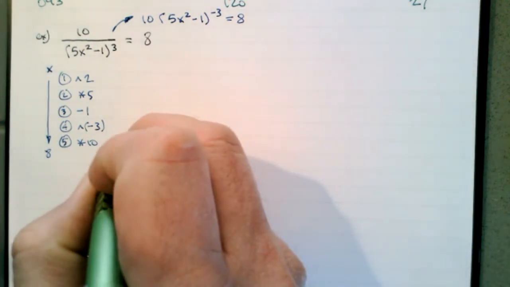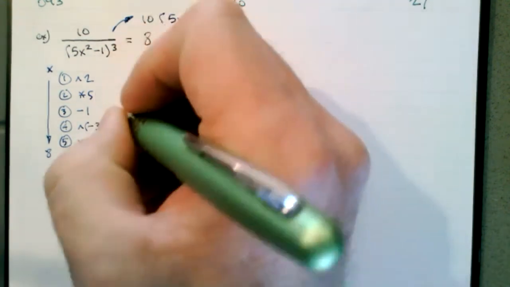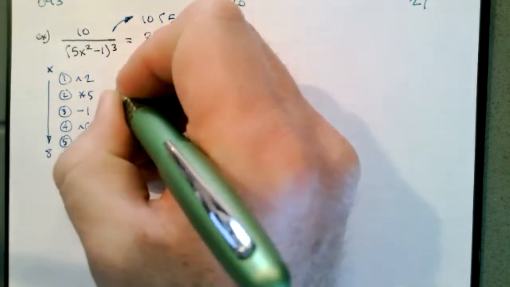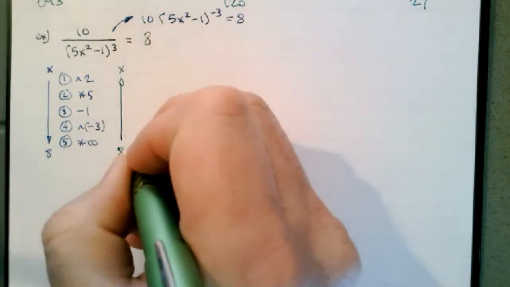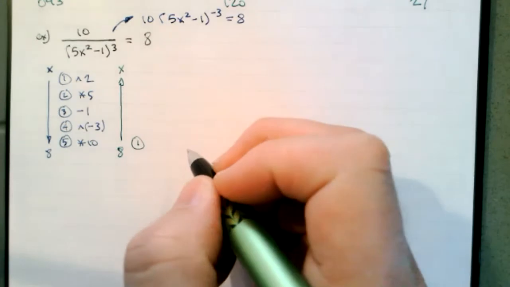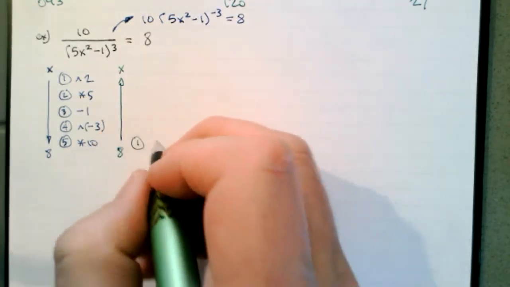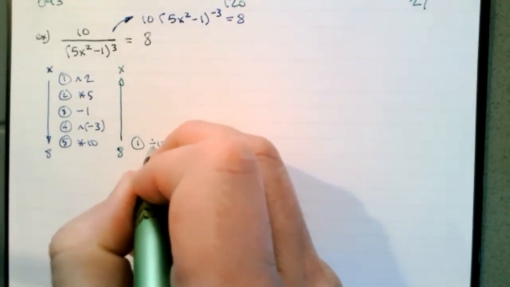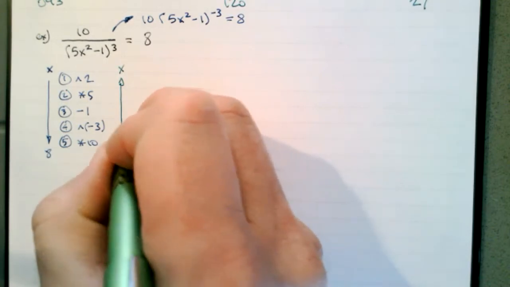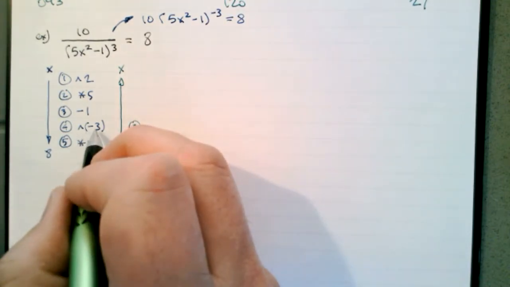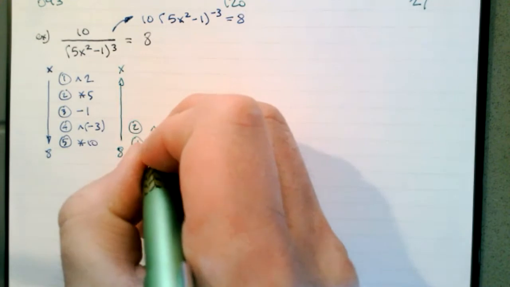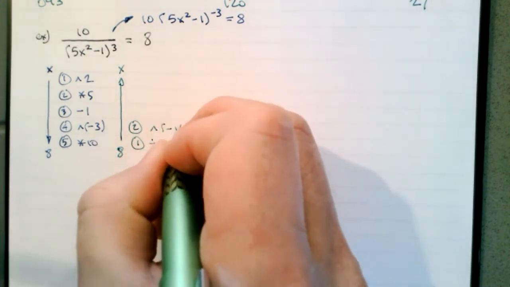So let's do inverse operations in reverse order and turn an 8 back into an x. So first, we'll take the 8 and invert the multiplying by 10 and divide by 10. Second, we'll do the inverse of a negative third power with a reciprocal exponent, negative 1/3 power.